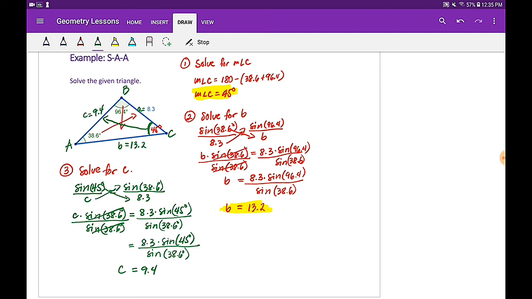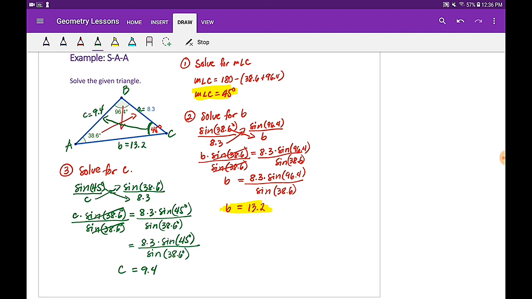Now it also makes sense that 9.4 is longer than 8.3, because the angle opposite 9.4 is 45 degrees, which is greater than the angle opposite 8.3, which is 38.6 degrees. And it makes sense that B is the longest side because angle B is the largest angle.